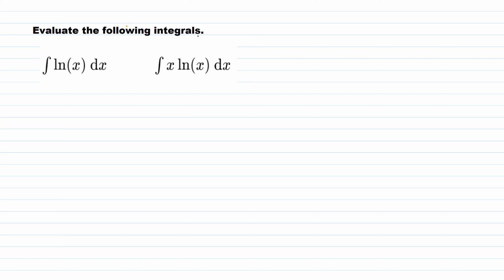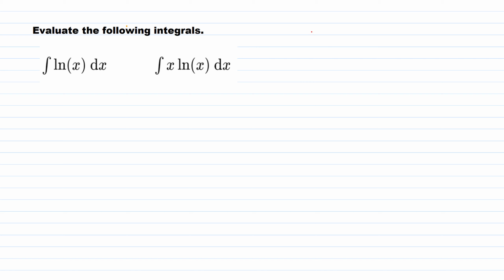Evaluate the following integrals. We have two similar integrals, natural log of x and x times natural log of x. If we recall the derivative formulas, there is no single function whose derivative is natural log of x.